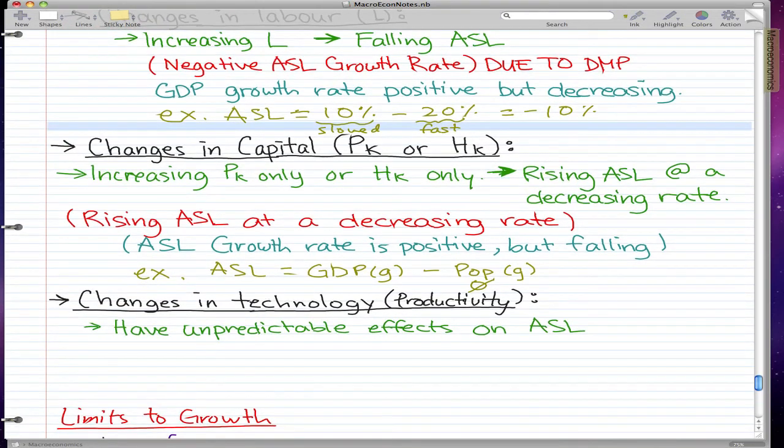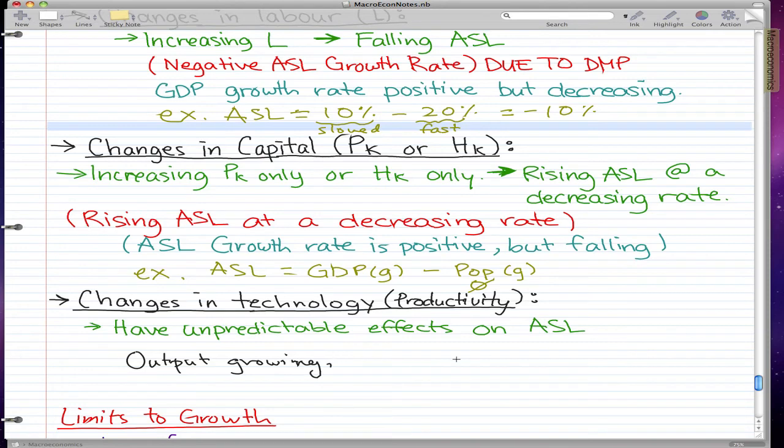The last part is changes in technology, and that's pretty much productivity, and that has an unpredictable effect on average standard of living.